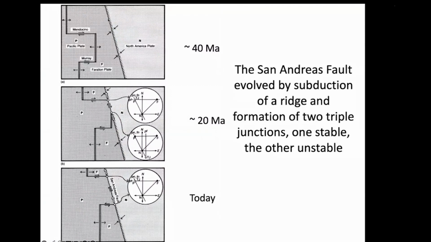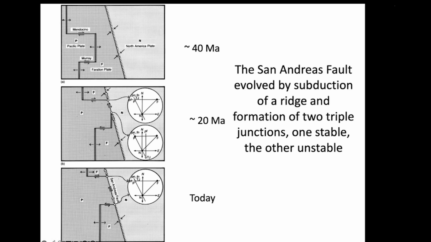So this is the analysis. So the ridge begins to be subducted around 20 million years ago, which you will immediately recognize as early Miocene time. And this is the velocity analysis for this boundary.